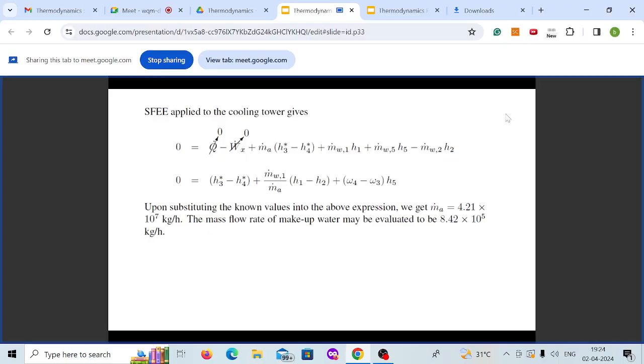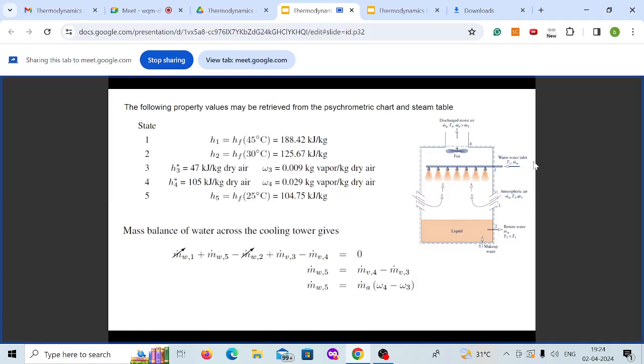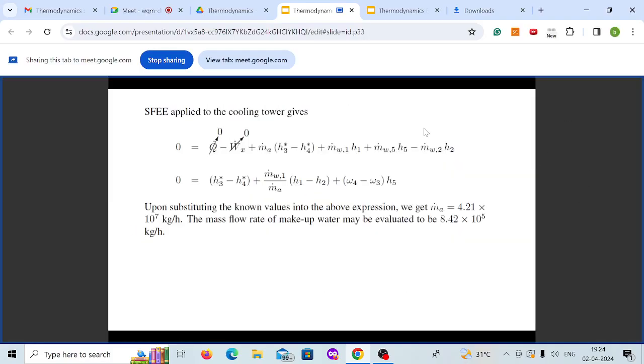When we apply an energy balance, Q is 0 and W is 0 because we are not supplying any heat or any work in the cooling tower. So mass of air coming in times H3 minus H4, plus mass of water coming in, plus mass of makeup water coming in, minus mass of water going out. Using this we can find the mass of air.